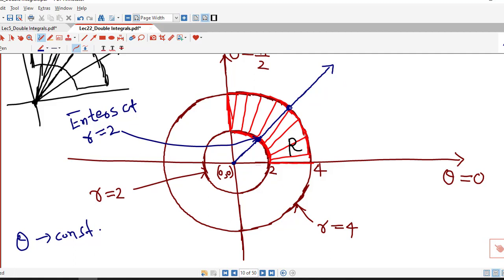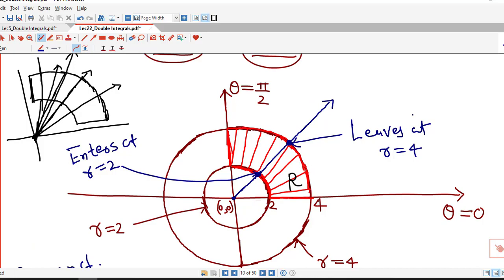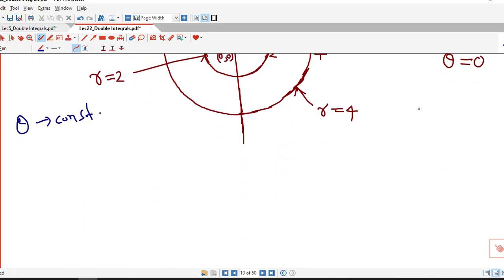Now we find the value of r at the point at which the ray leaves the region. The ray is on the circle r equal to 4, so here we write the ray leaves at r equal to 4. So we have obtained the limits of r.